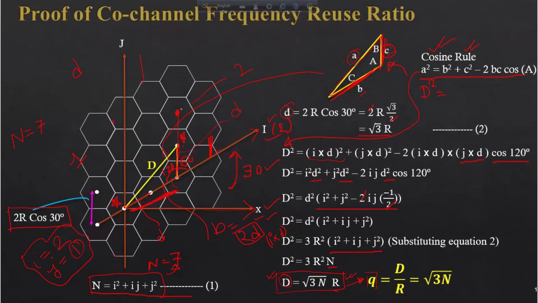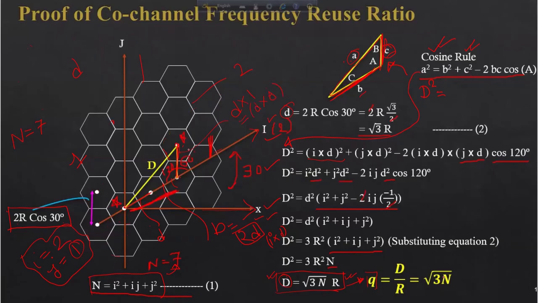But here j is equal to 1, so we have reached this point. So instead of writing d into 1, we can write d into j.